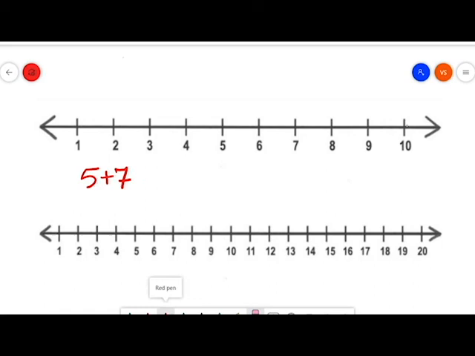First we have to mark 5, and from 5 we have to make 7 jumps towards right side. 2, 3, 4, 5, 6 and 7. So the answer is 12.